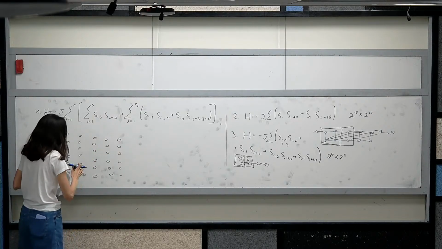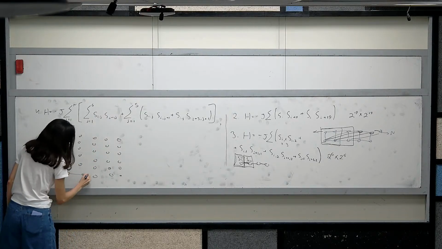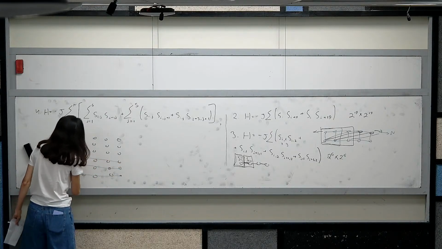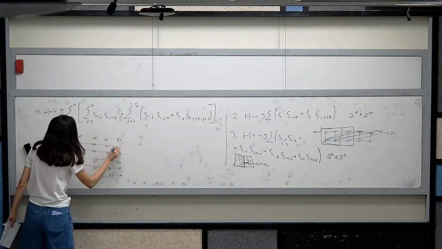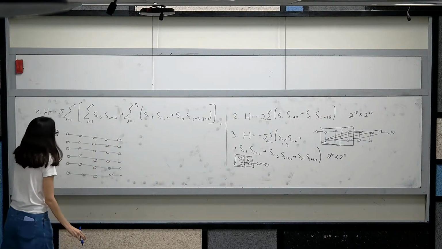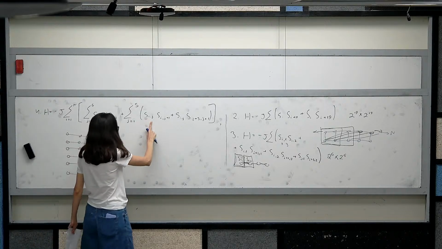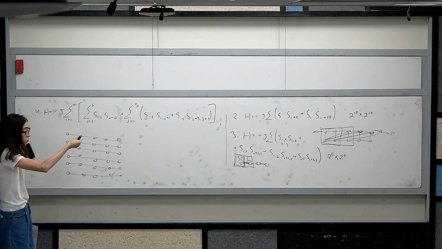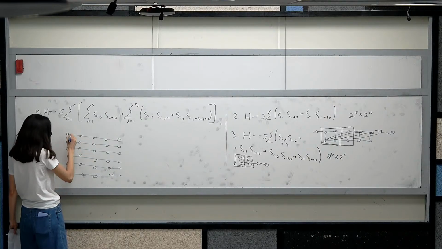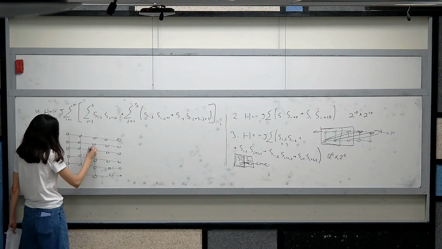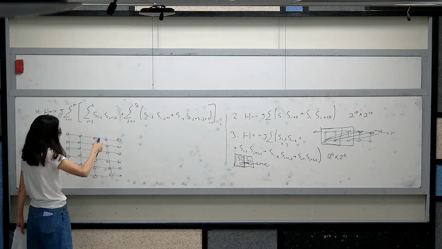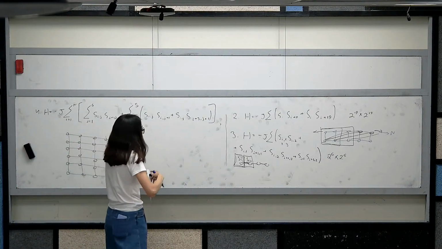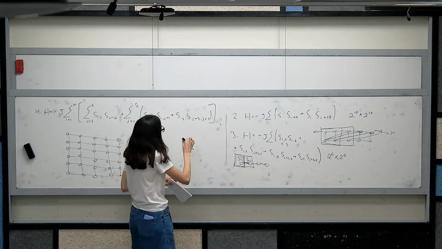So this is going to give us all of those, for j equal 1, j equal 2, j equal 3, 4, 5, 6. And then we have the interaction of each spin with the spin above it. So we're going to have all of those. This one goes only to 5 because we go to j plus 1.